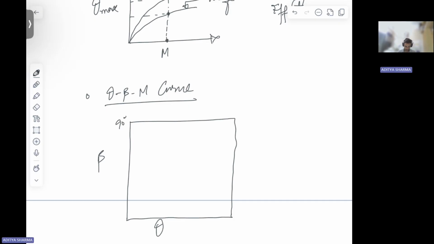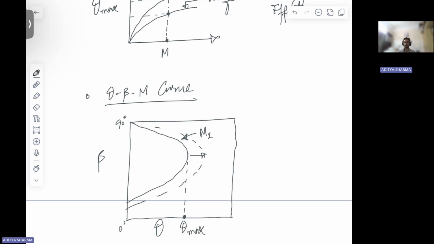This is 90 degrees, this is 0 degrees. Just like this. So this is for some Mach M. But for this Mach M1, okay, this is your theta max.